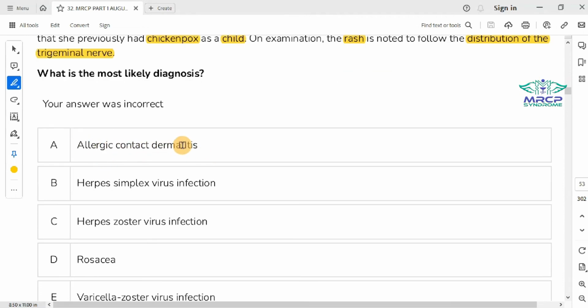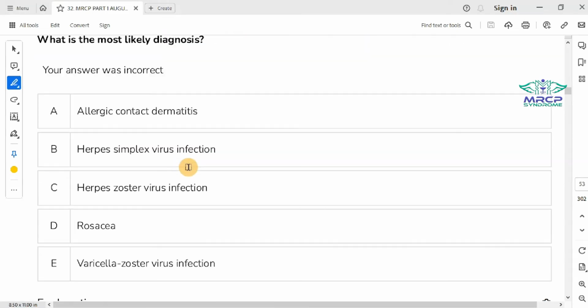Regarding allergic contact dermatitis, they will usually come up with an erythematous itchy rash, and in some cases there may be development of vesicles, but it will not follow the dermatomal pattern. Herpes simplex virus infection will come up with painful vesicular lesions, and in case of HSV type 1, there is usually involvement of the oral mucosa, and in case of HSV type 2, there is usually involvement of the genital regions, and it usually does not follow the dermatomal pattern.